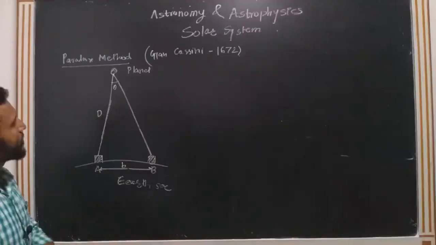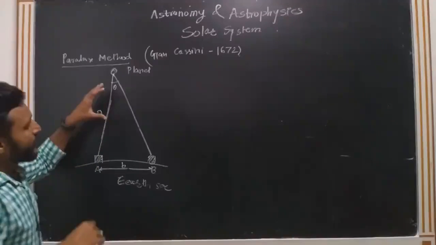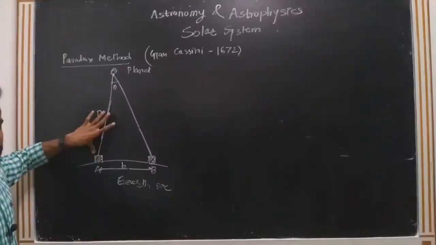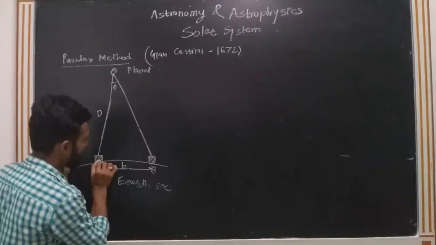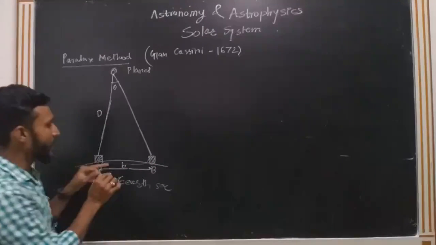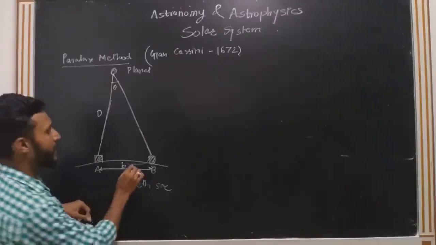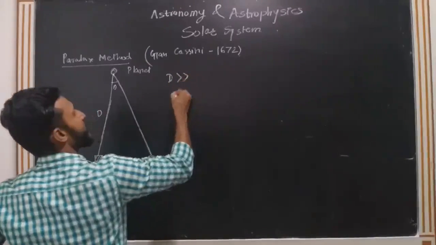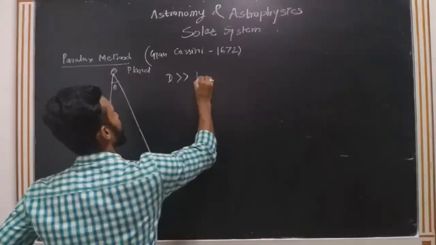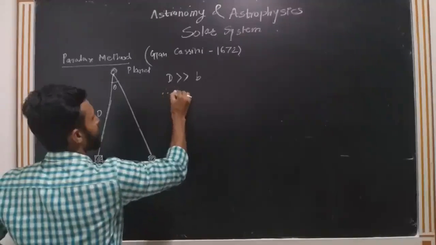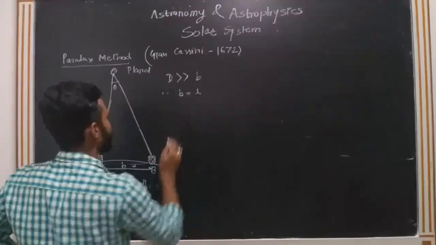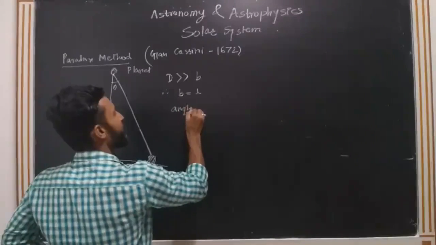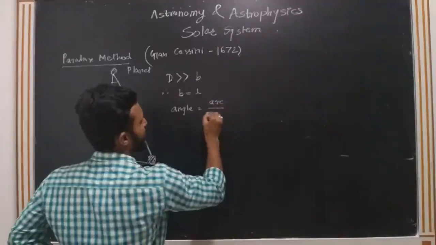If we observe it from two observatories, and similarly consider this D as a radius and draw a circle, then we get the arc length here. Let's say the arc length is L, and since this D is much larger than B, therefore B is nearly equal to L. So again, angle equals arc upon radius.